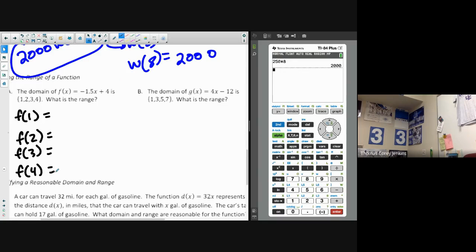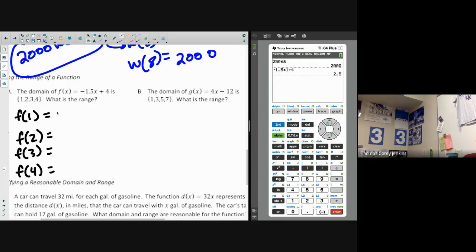All right, so we'll let our calculator do the work for us so we can go pretty quick. So f of 1, and I wrote all this out on the notes so you can get a more visual on the notes, but all we're doing is we're going to take negative 1.5 times my input, which here is 1, plus 4. That's the rule. Multiply your input by negative 1.5, add 4.